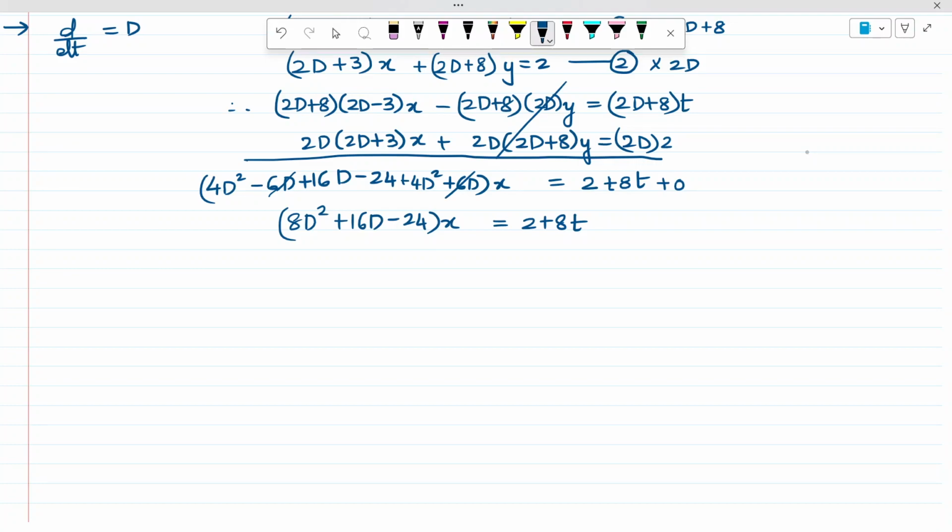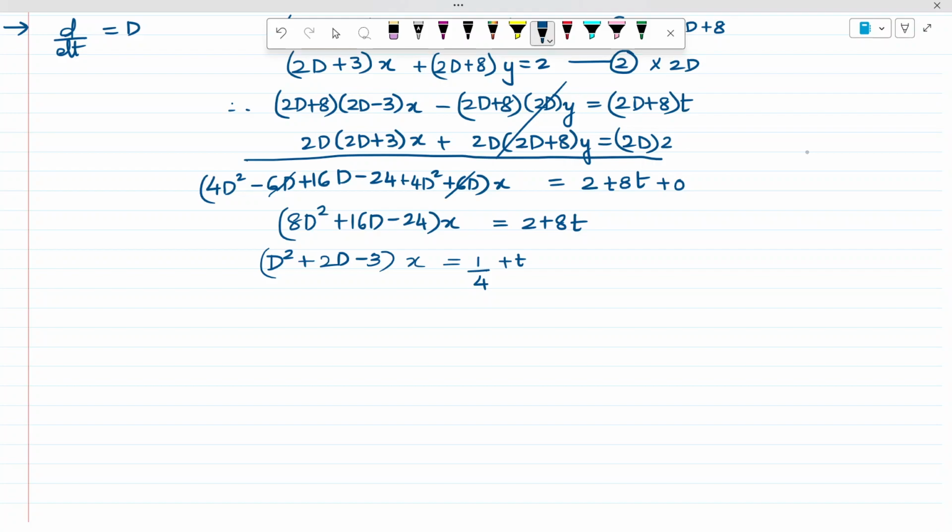So I can take this 8 common and shift it to the right hand side. So I will have something like this. Now this should become 2, and this will become 3. And on this side if I divide by 8, I will have 1 by 4 plus t. Okay. So now let's find the particular integral and complementary function.